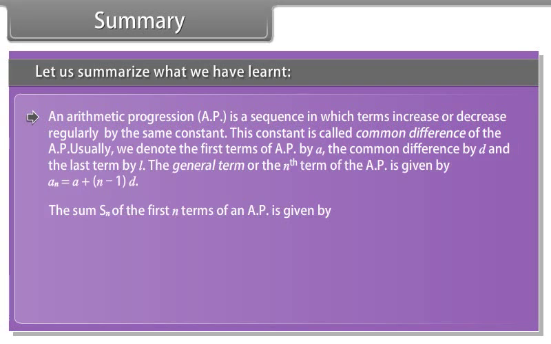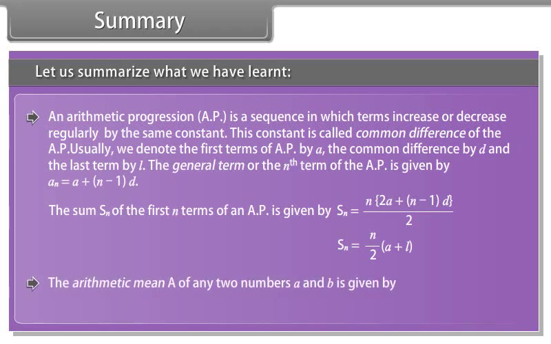The arithmetic mean capital A of any two numbers a and b is given by this formula. That is, the sequence a, capital A, b is an AP.